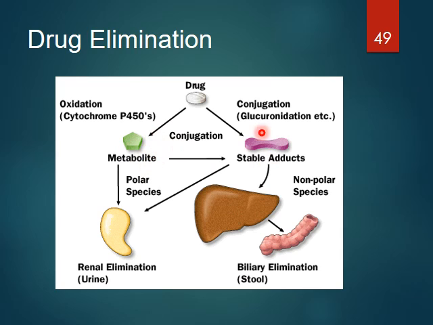Certain ones will end up going through the phase 2 reactions, where they'll either be eliminated again through the kidneys, or they can be eliminated potentially through the biliary tract, and you can actually have drugs that are eliminated primarily in the stool. It just depends on the drug itself and where it likes to be metabolized and eliminated from.